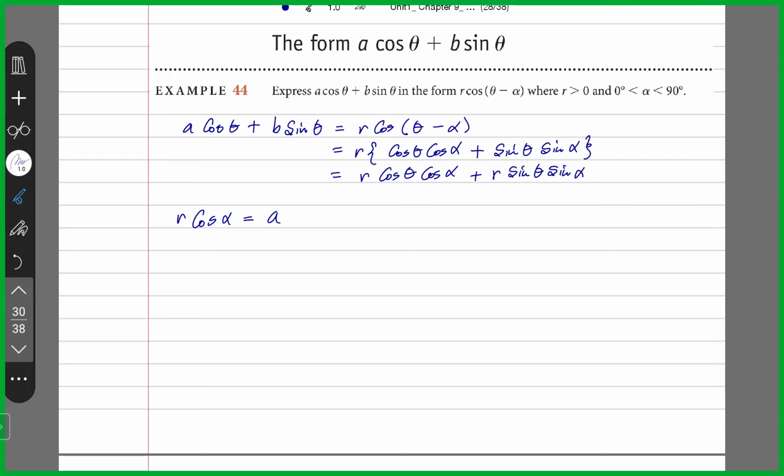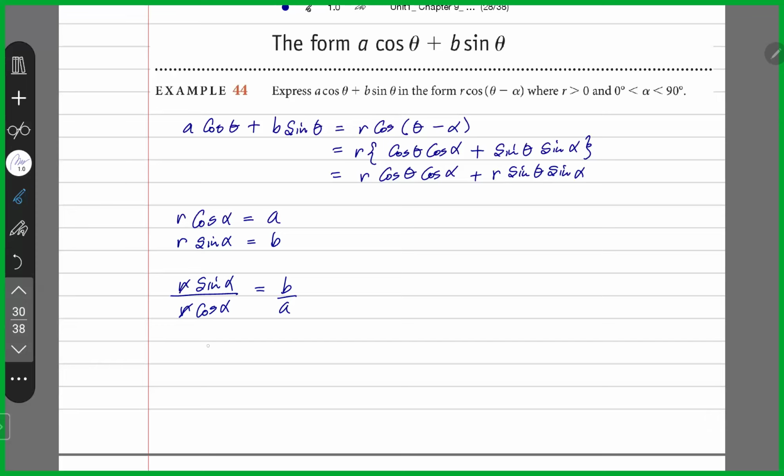Now again, comparing coefficients, the coefficient of sine theta on the left is B. The coefficient of sine theta on the right is R sine alpha. So R sine alpha is equal to B. Now, from this, I can say that R sine alpha over R cos alpha is equal to B over A. The R's cancel.